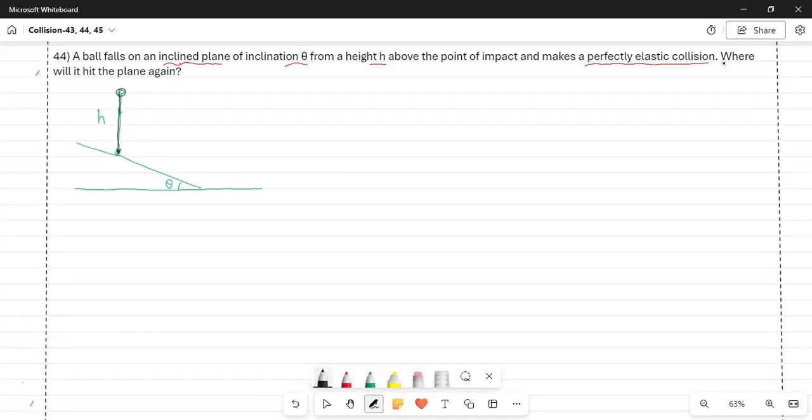Question is, where will it hit the plane again? It's clear that the ball will bounce and hit the plane again.